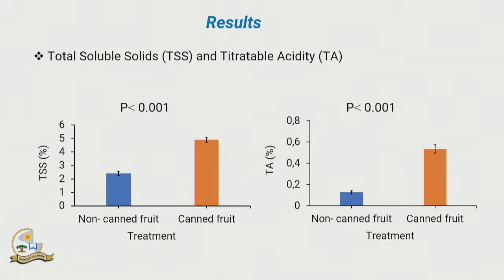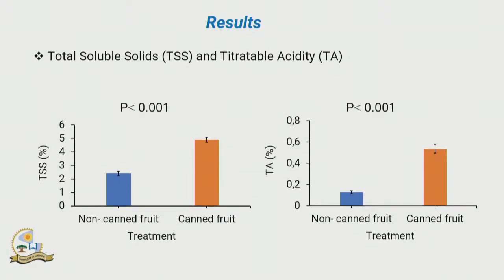So the TSS might be the equilibrium between the sugar from the fruit and the syrup. The TA might have increased because we used lemon juice in our syrup. Lemon is a citrus, so it has a high amount of citric acid as an organic acid, so it might have contributed to that.